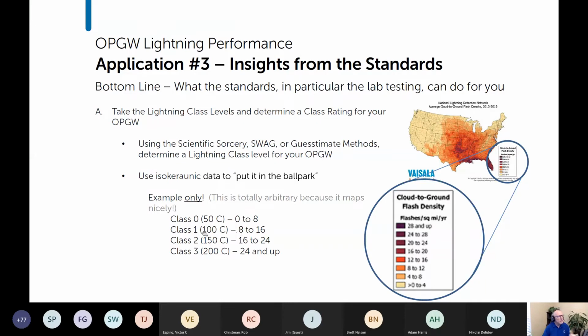So maybe we up it to class 2. Or the reverse could be true. Looks like it ought to be class 1, but we're not going to have a lot of damage. You could drop it to class 0. Make some adjustment, but this is half science and half sorcery, as I say here.